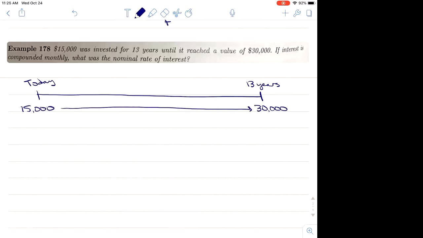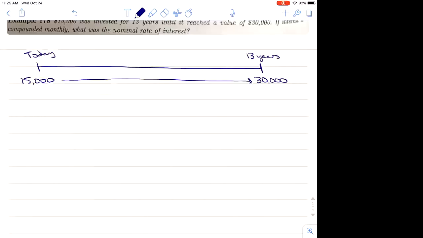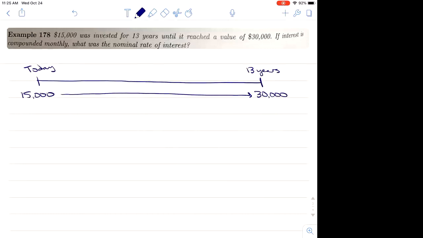And then we've got compound interest. So let's just make a note here that R is what we want to know, and F is the compounding frequency. We're compounding monthly, so 12 times per year. We can still figure out N for this arrow. N is time times the frequency.